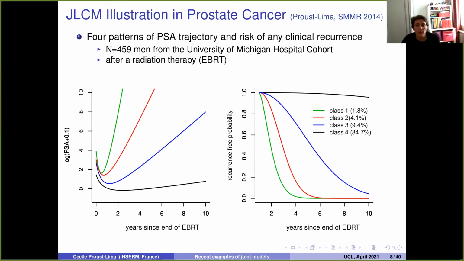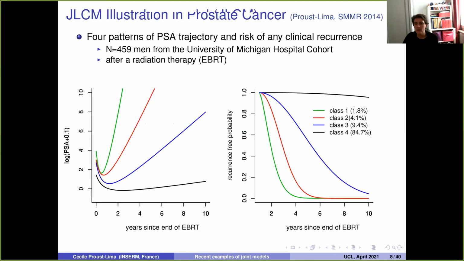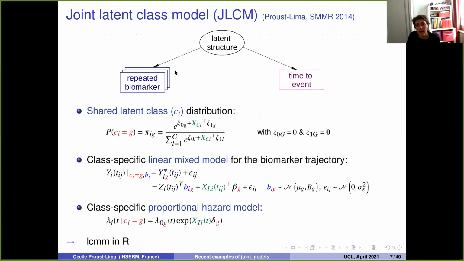Whatever the type of joint model that you assume, the principle of estimation will be the same. So I will focus here on the maximum likelihood framework, but you could also think of Bayesian approaches if you want. And the principle is really the same. The idea will be to integrate over the latent structure by taking into account the fact that, when I defined the models, I told you that we have a conditional independence between the repeated biomarker and the time to event given the latent structure.